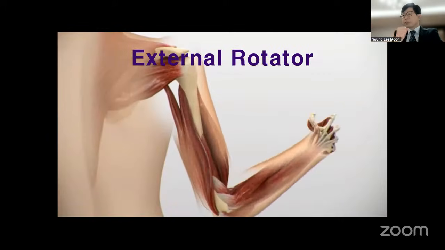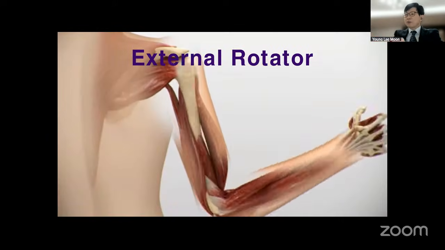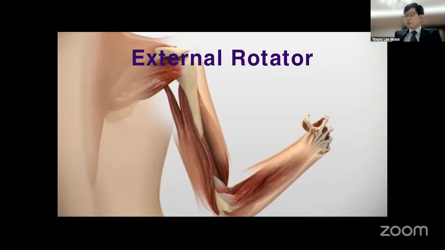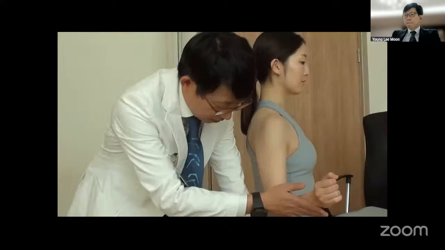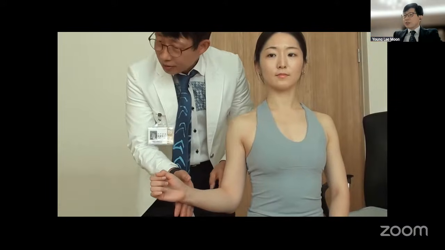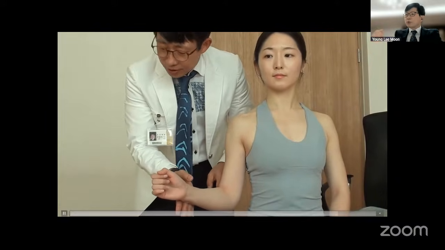The infraspinatus and teres minor are the primary external rotators, and the patient can externally rotate using these two muscles. Assessing the rotator cuff through external rotator testing, this is external rotation moving towards the back.